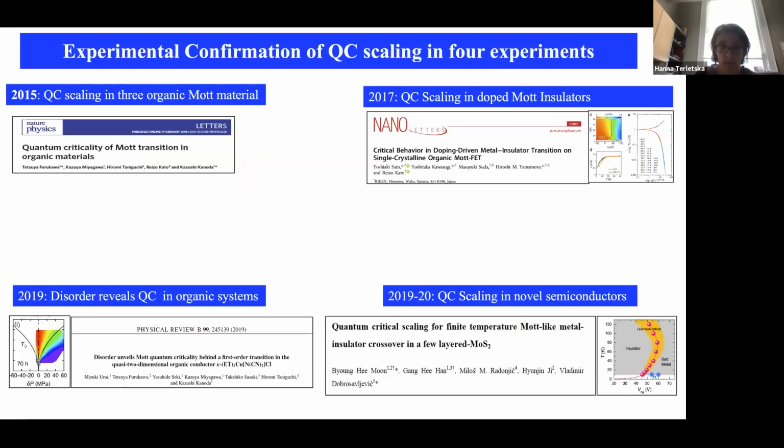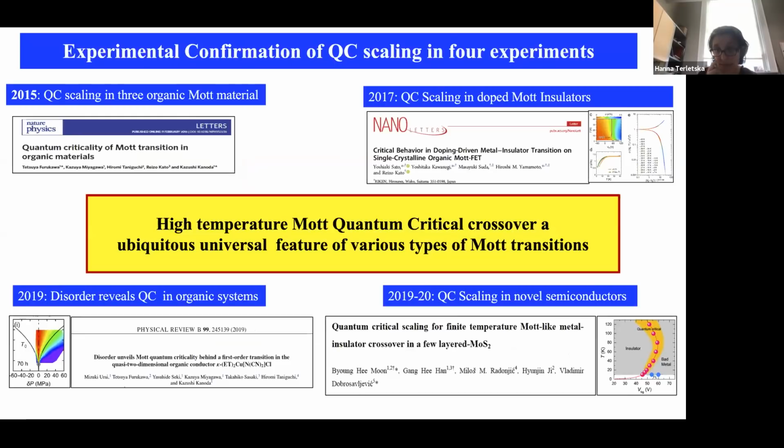I will not go into these details, but I'll just show you that these analyses have also been explored experimentally. The analysis of this high temperature regime above the second order Mott metal-insulator transition has been explored experimentally in several materials, and it has been found that the high temperature Mott quantum critical crossover seems to be a ubiquitous feature for systems exhibiting Mott metal-insulator transition.